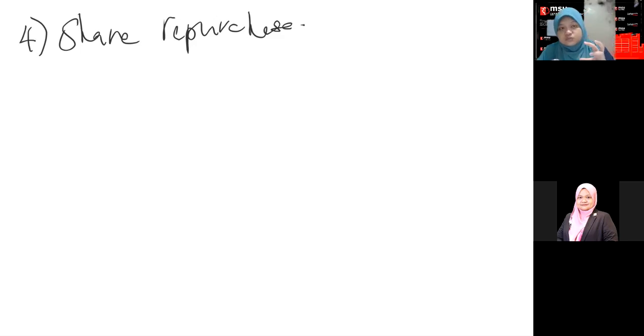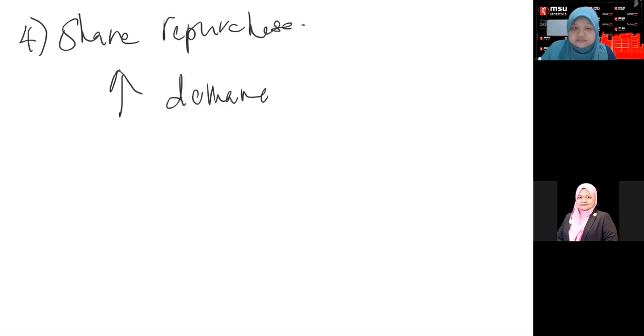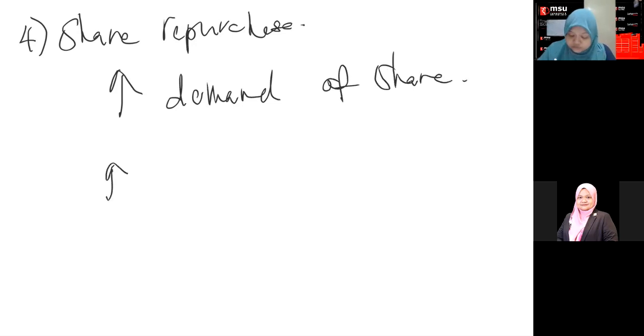The company does a share repurchase because they want to increase the demand for their shares. When the demand increases, they are able to push the price higher.